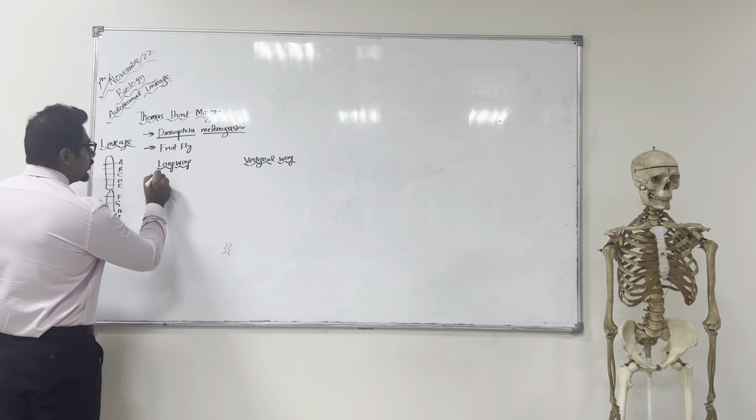The second trait they observed was broad abdomen and narrow abdomen. They had already found out before that long wing and broad abdomen are both dominant traits, and vestigial wing and narrow abdomen are both recessive traits.